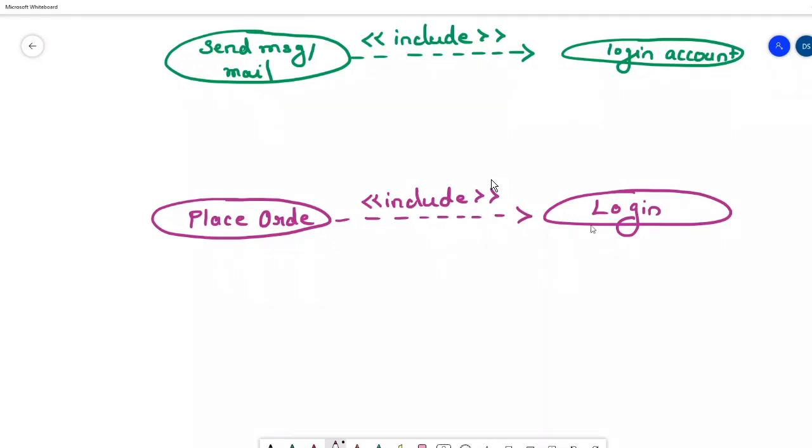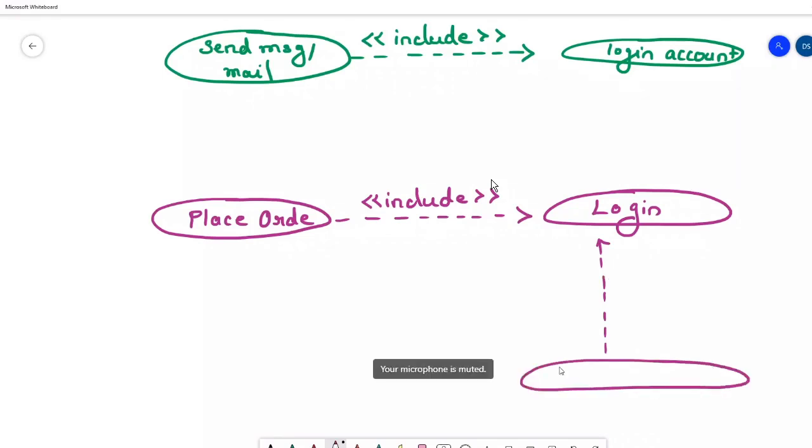And if we are talking about login, how can you log in to the system? If you have created your account or registered. So we can say it includes registration or creating an account. Registration includes. So these are a few examples of include.